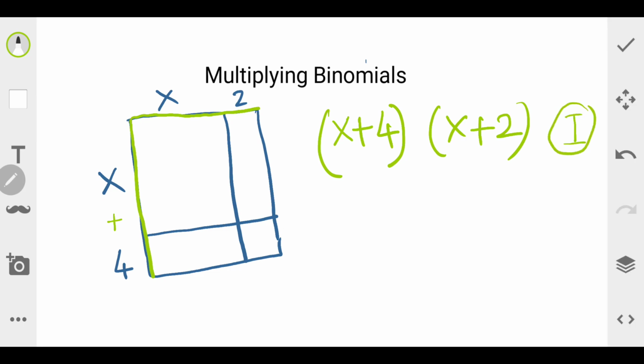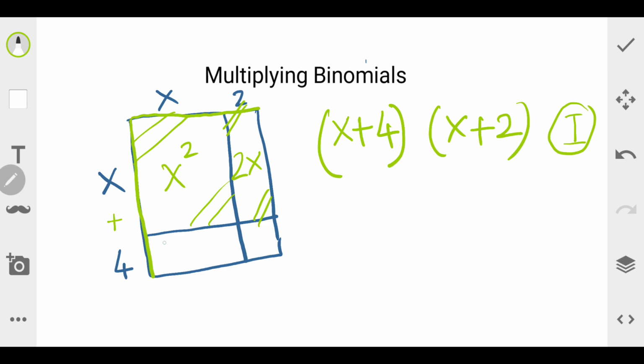Okay, and the other way, we can find the individual areas and add them to find the total area. So let's try that. If you look at this one, it is x times x, which is x squared. Now this one is x times 2, that'll be 2x.